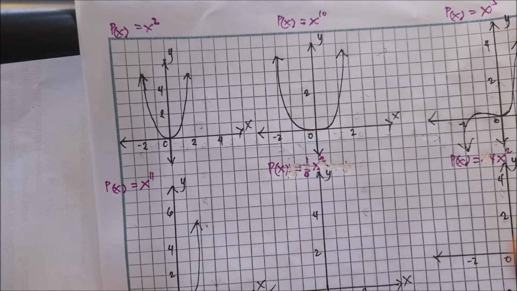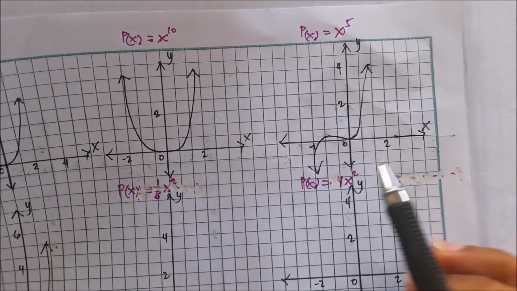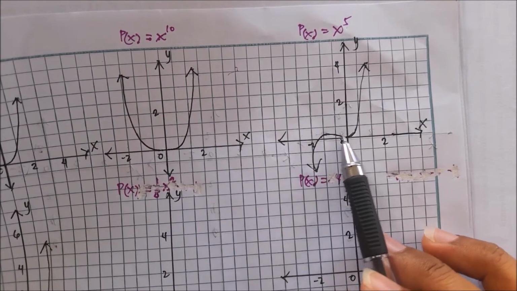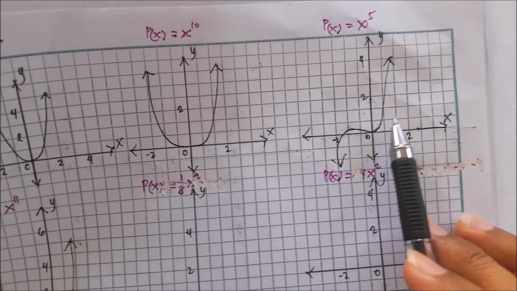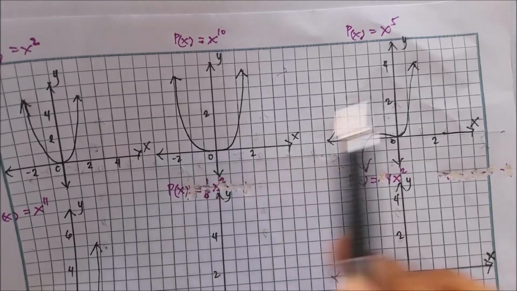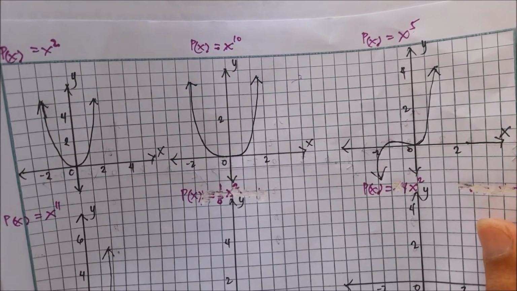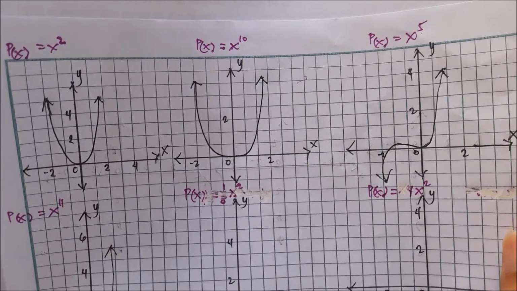If the exponent is even, the form of the graph is not the same as for an odd exponent. That is how we interpret the graphing of monomials.